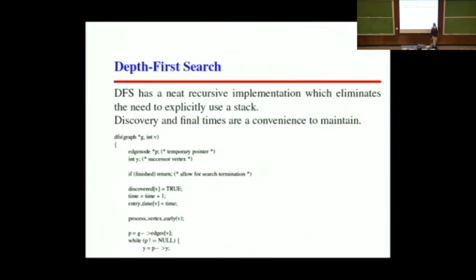You can kind of think that there is a moment in the search where the vertex is discovered, and there is a moment when the vertex is completely processed. When it is discovered is the entry time. When it is completely processed, it is the exit time. And because of the nature of depth first search, these turn out to be useful concepts to keep track of. Any questions about depth first search?